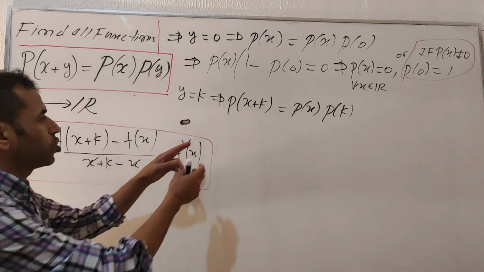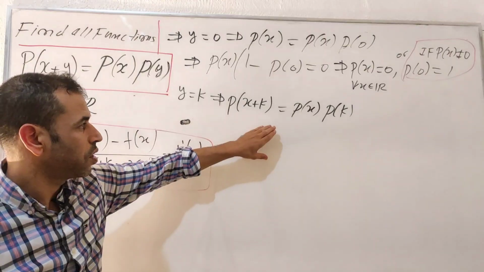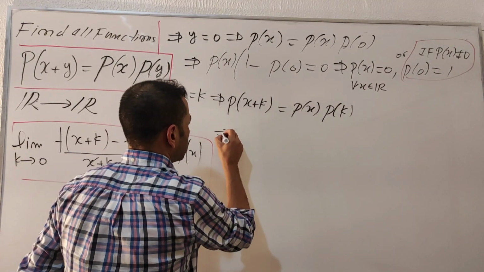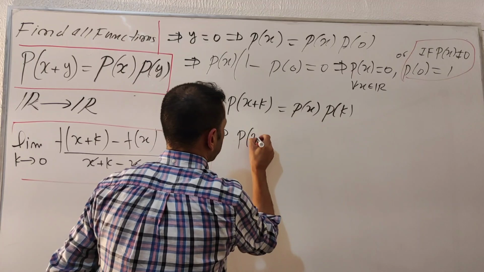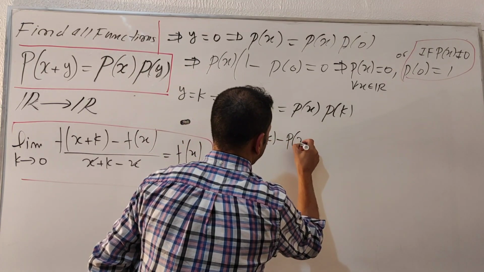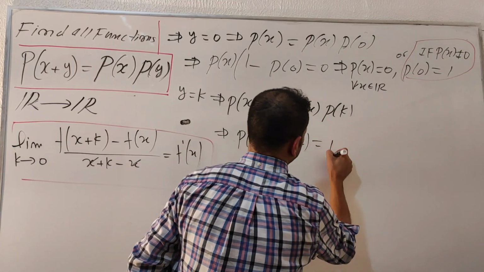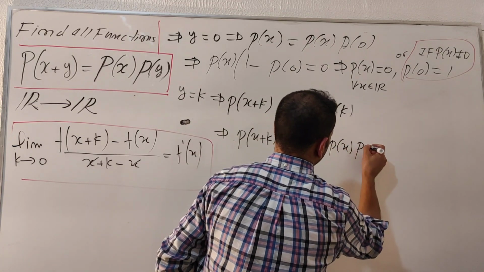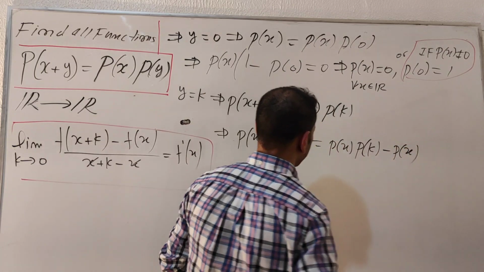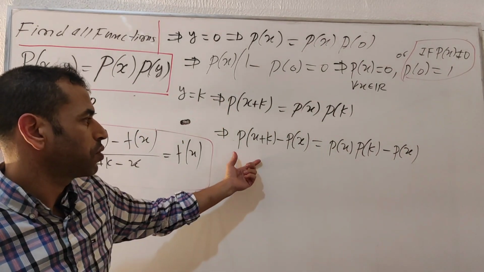So in order to transfer this one into this one, I'm going to add minus P of x on both sides. So I get P of x plus k minus P of x equals P of x multiplied by P of k minus P of x. So now I will have something very good here.